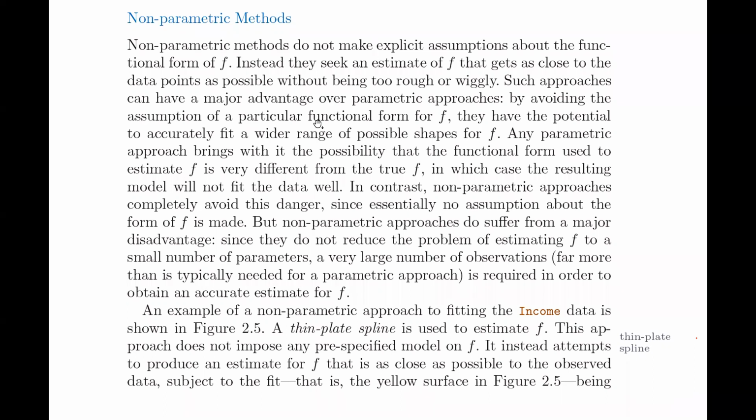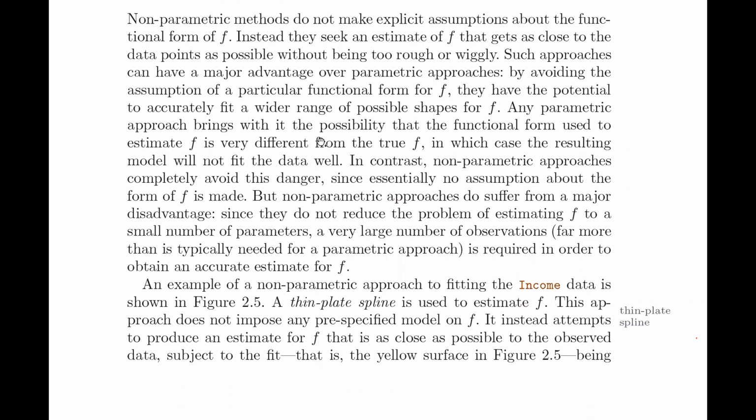So, for example, by avoiding that it has to be linear, they have the potential to accurately fit a wider range of possible shapes for f. Any parametric approach brings with it the possibility that the functional form used to estimate f is very different from the true f, in which case the resulting model will not fit the data well.